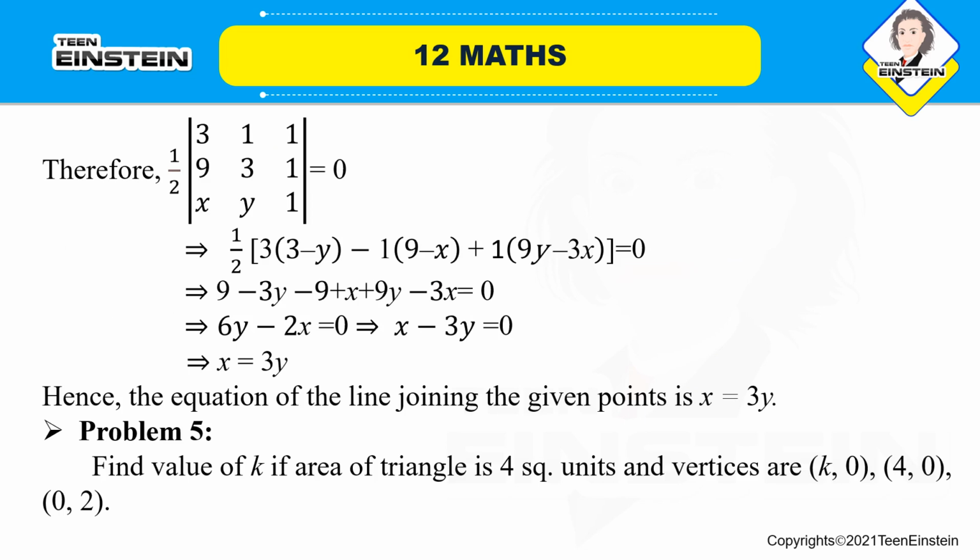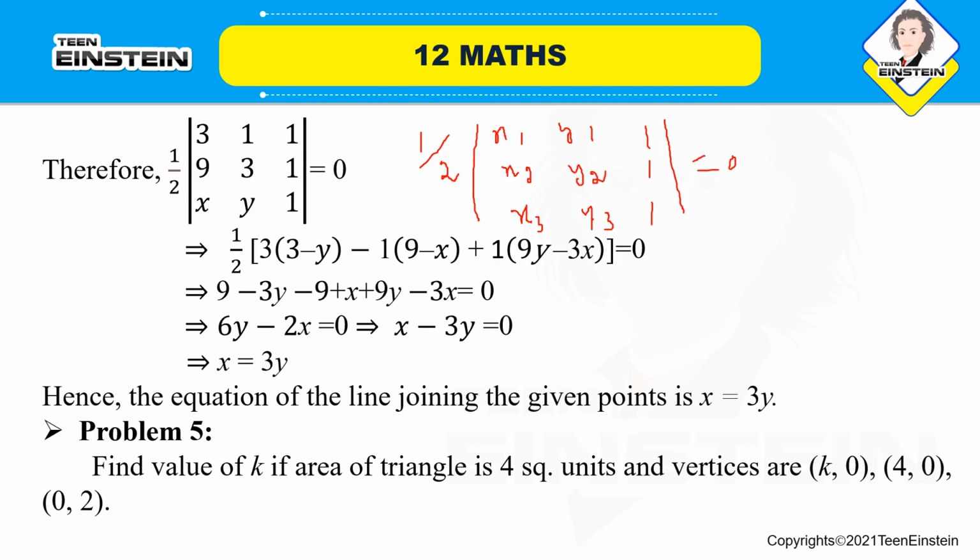So substitute everything in the formula. Half into, what is the formula? We have seen the determinant with the first row x1, y1, then x2, y2, third row x3, y3. The last column elements are 1, 1, 1, equal to 0.